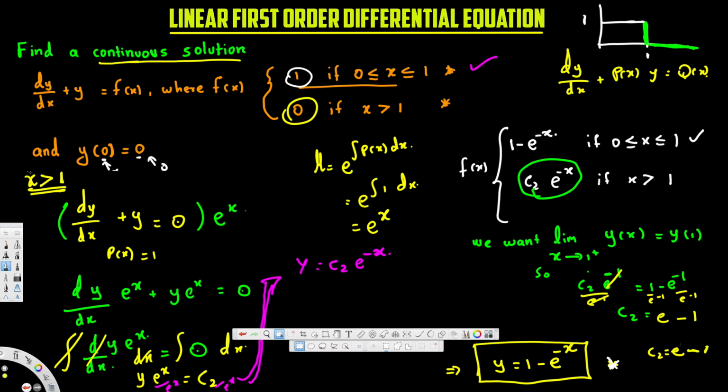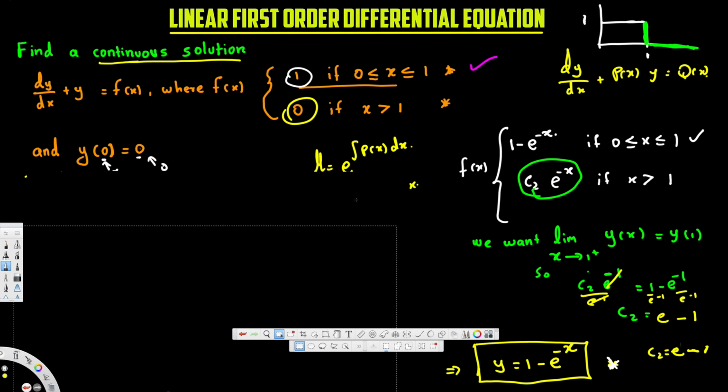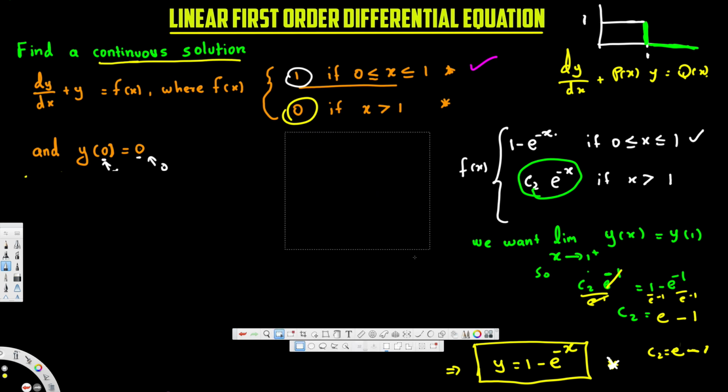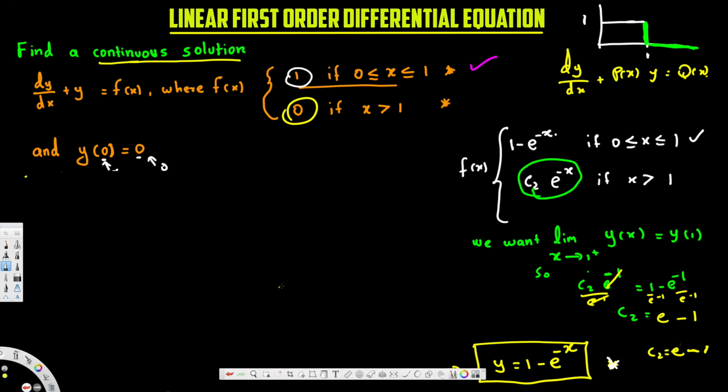Let's get rid of all these things. Okay, from this one we can express our final answer. For the first one, it's going to remain the same, because that's the particular solution for the first one: 1 minus e^-x if x is between 0 and 1.